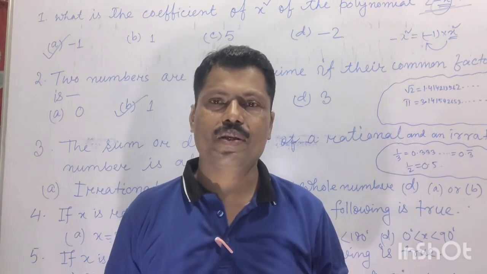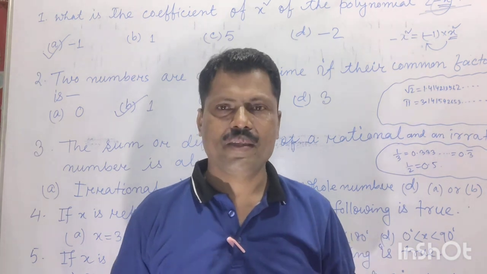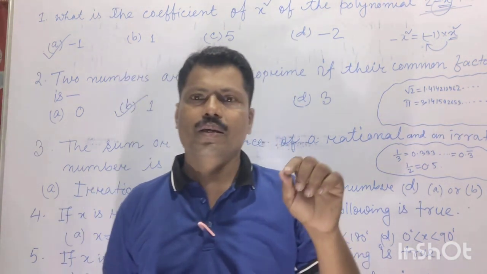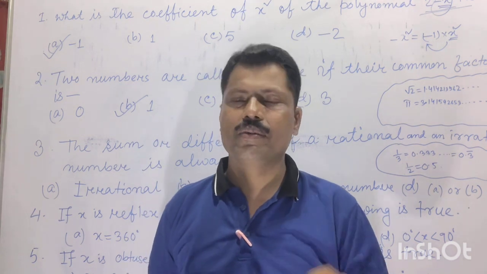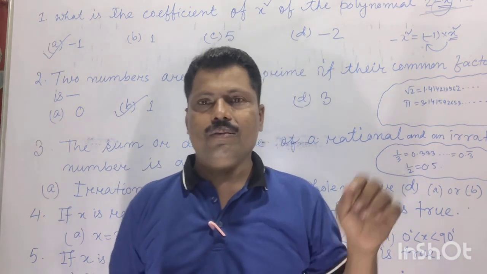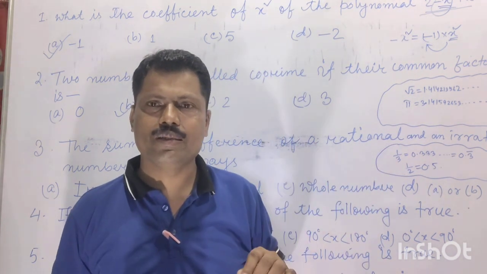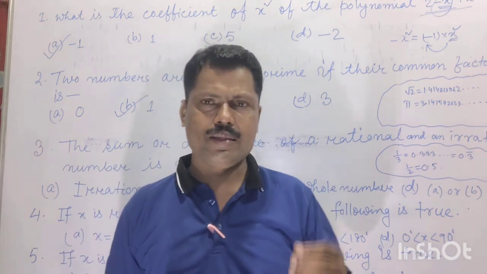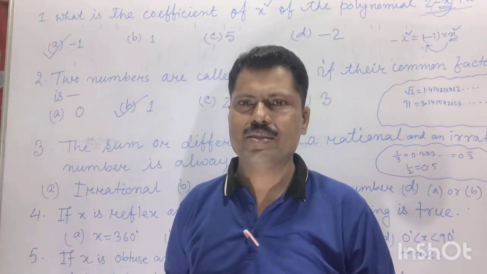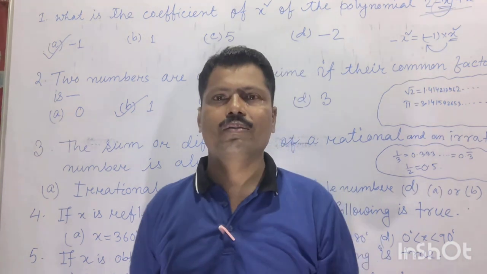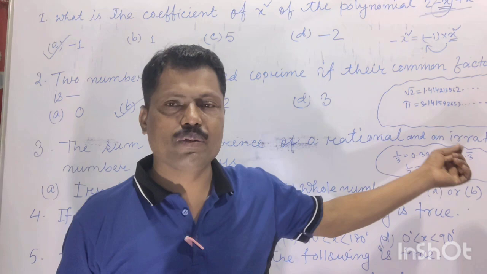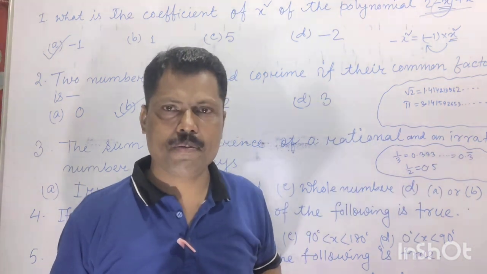An irrational number is a number which cannot be written in the form p by q, the fraction or ratio form.